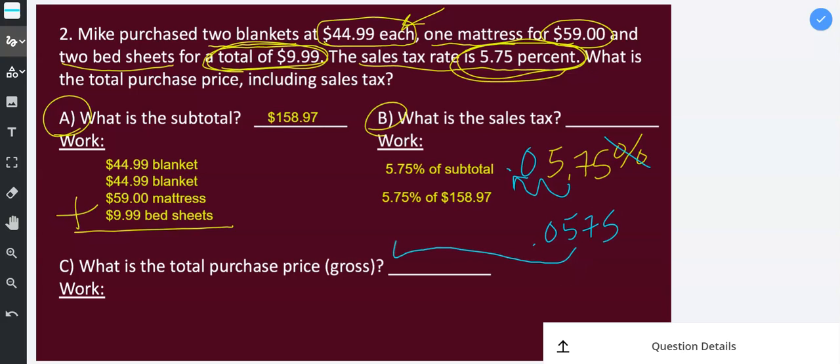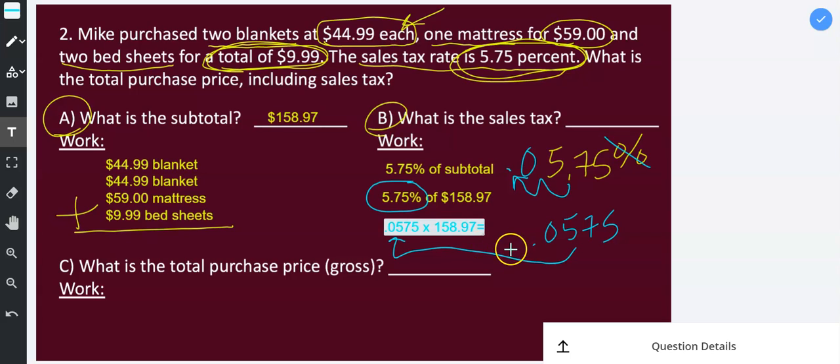And now I'm ready to type that in place of the percent. I had to write it in decimal form because you cannot multiply until the percent is written in decimal form. So 0.0575. Of means multiplication, so I'll put a multiplication sign there, and then we're multiplying it by the 158.97.